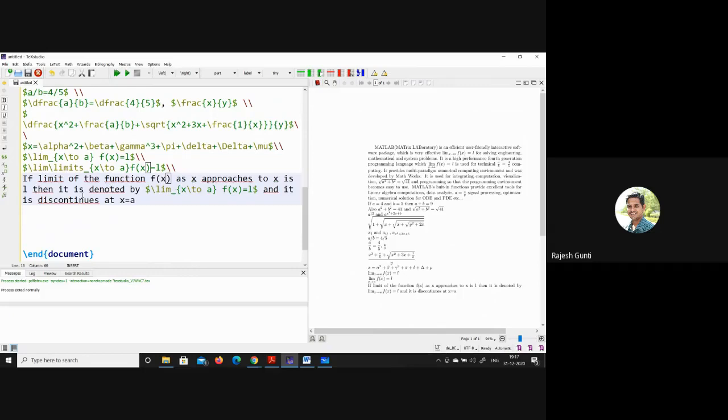So give dollar symbols: dollar symbol around x, dollar symbol around L, and dollar symbol around x is equal to a.